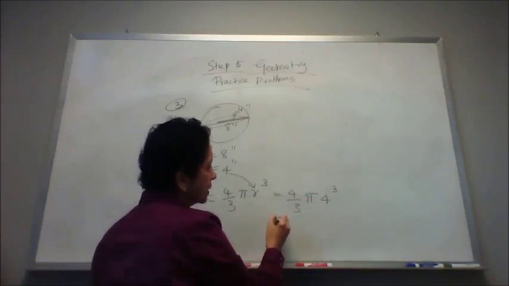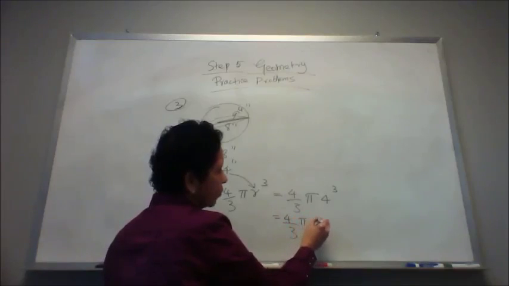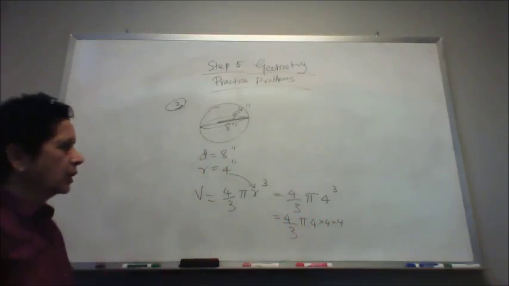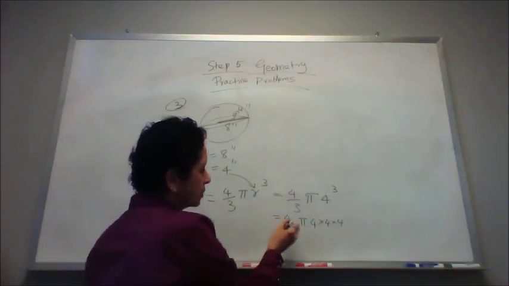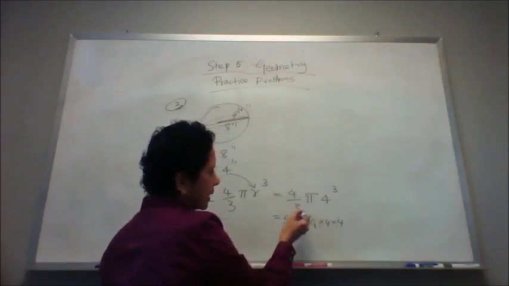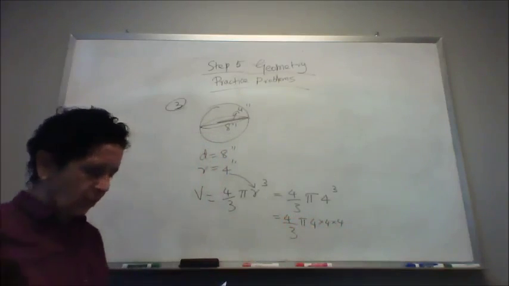You can do it in the calculator, 4 times 4 times 4, times 4, over 3, times pi, which is 3.14.